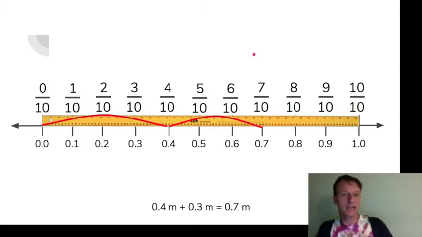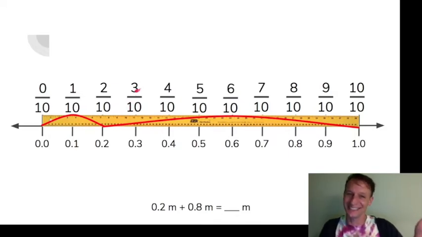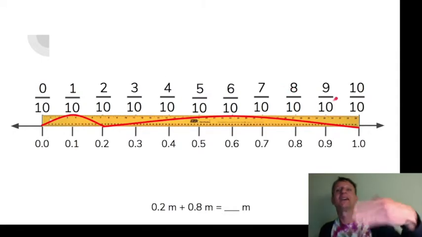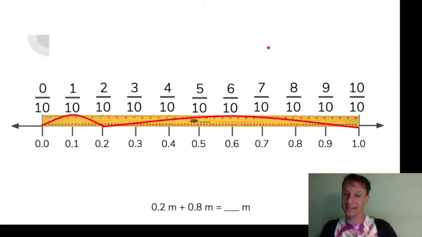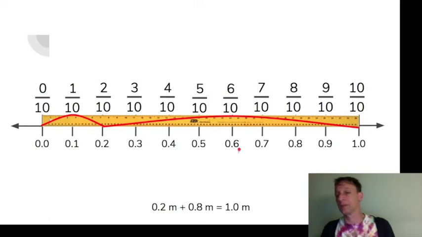All right. 2/10 meter, oh, I'm going to throw you a curveball. Just when you start to get good. 2/10 meter plus 8/10 meter. Okay, we could say either 10/10 meter or 1 meter. And notice I write it as 1.0, but I would read that in decimal form as 1 meter. Or you could say 10/10.